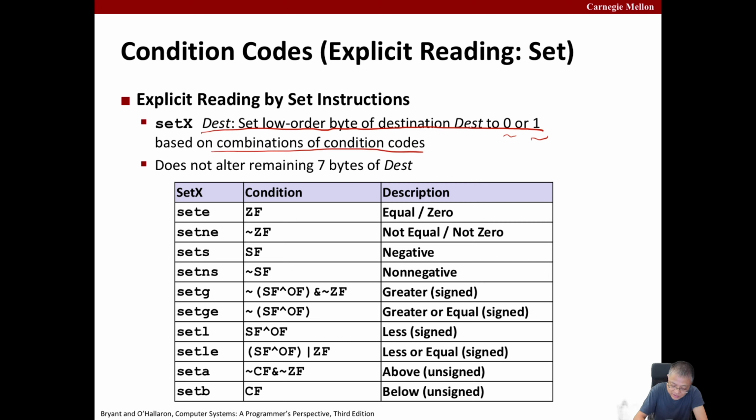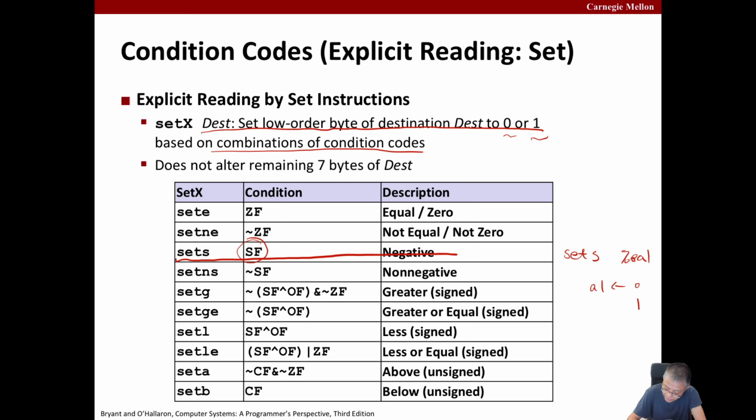We can look at an example here, like set S. If we execute an instruction like sets AL, it will set AL to either 0 or 1 depending on the SF flag.